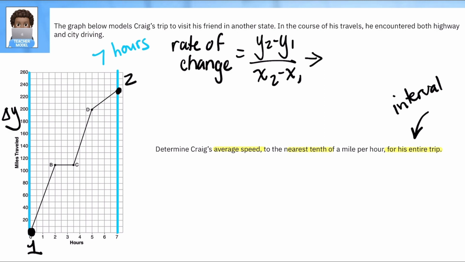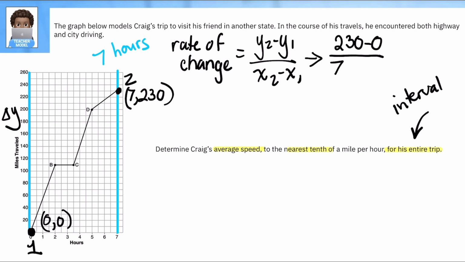This point up here at hour 7, he's driven 230 miles. And at our initial point, we're just at 0, 0. So we have 230 minus 0 over 7 minus 0. And that simplifies to a very easy 230 over 7.